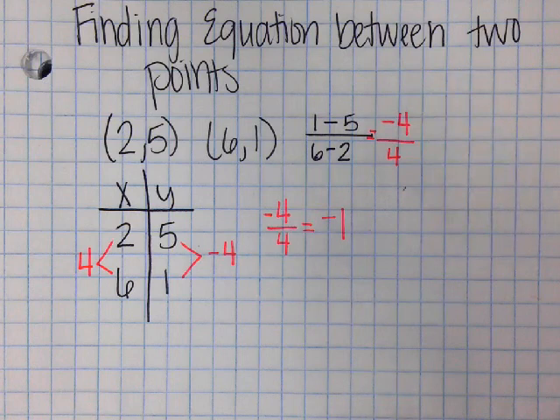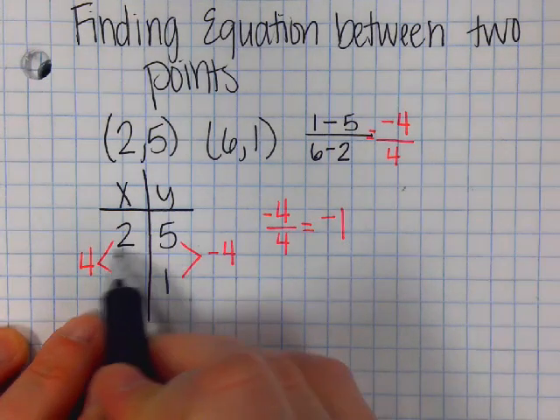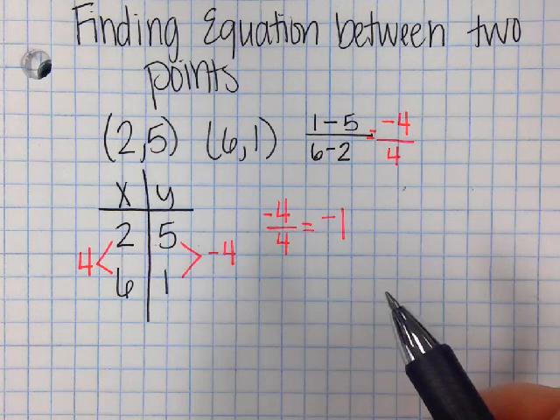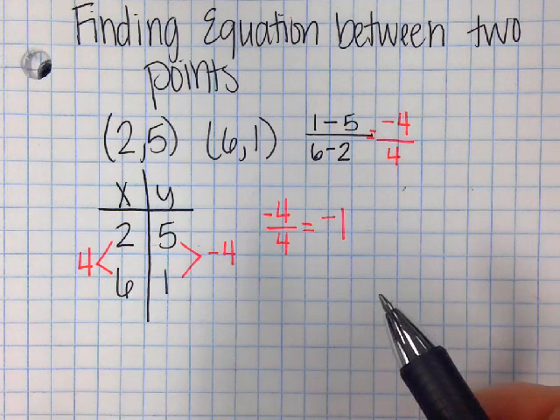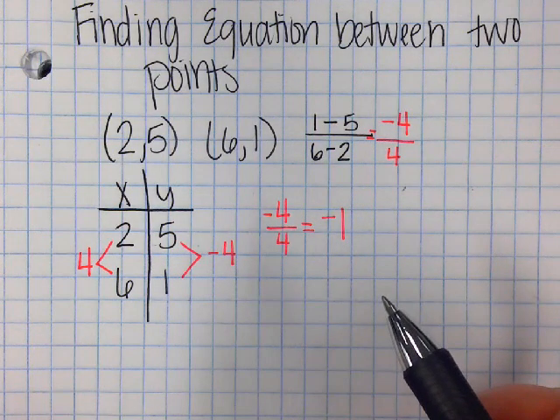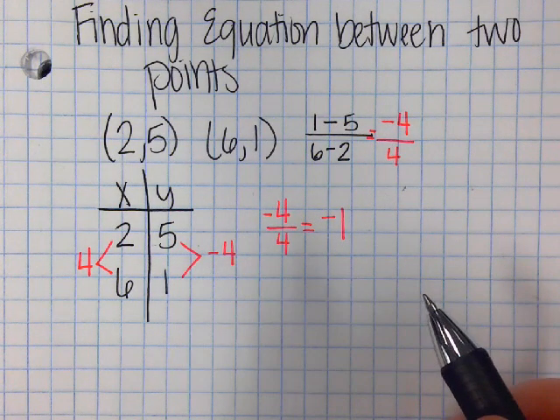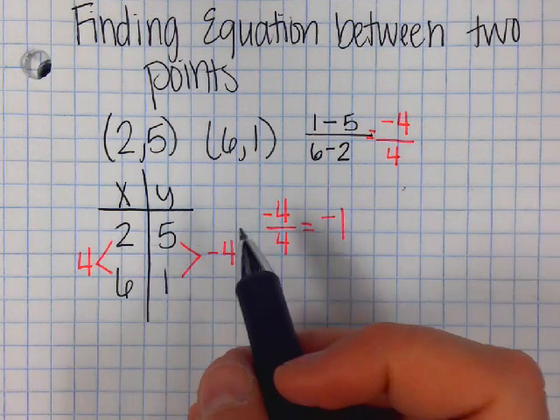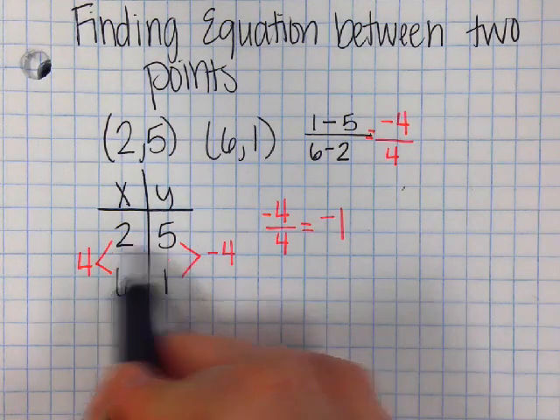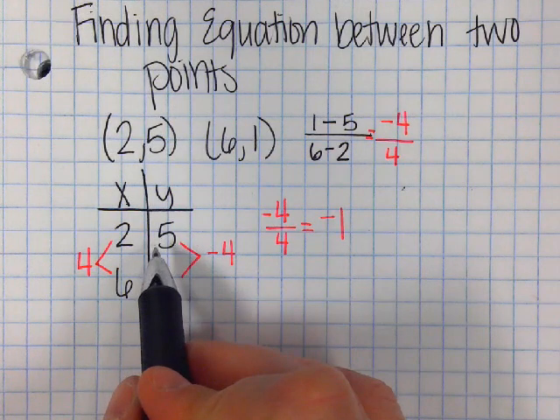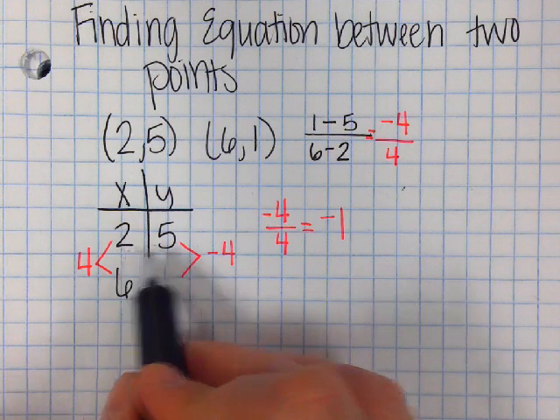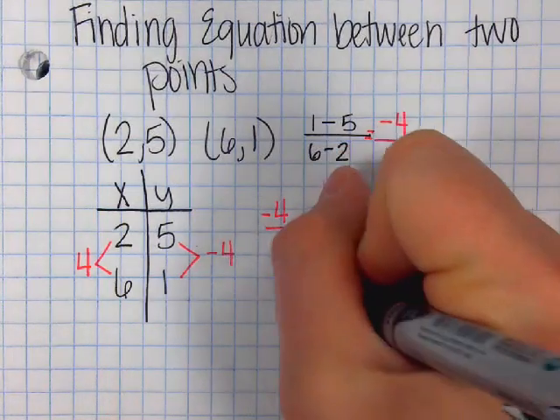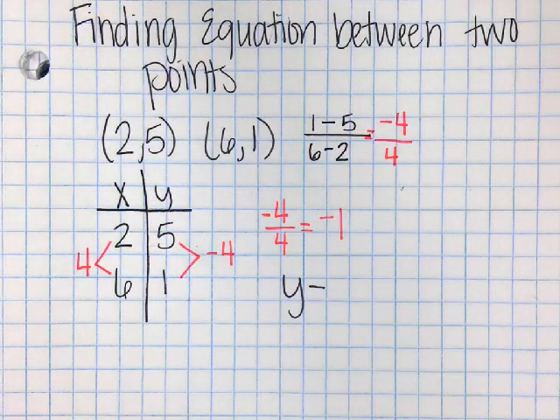Okay, I'm going to go ahead and write it in point slope form. Now, some of you guys have gotten really good about writing the process column. If it doesn't tell you that you have to write it in point slope form first, like your project that you're going to be working on this week tells you to be writing it in point slope form first, but if it doesn't tell you that and it just says write the equation, you can always use the process column. You can also use the process column to just check your work to make sure you did it right. So then it would be y minus.